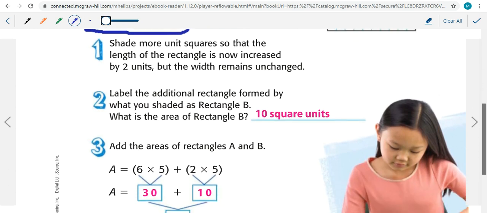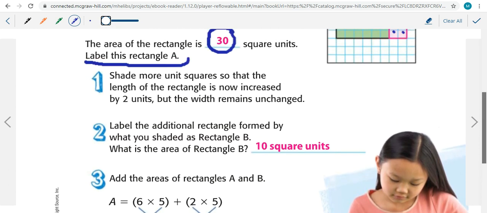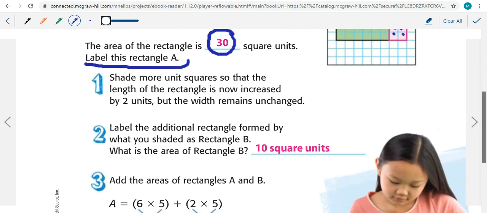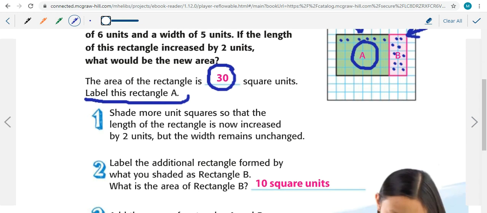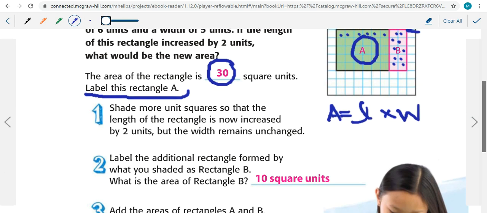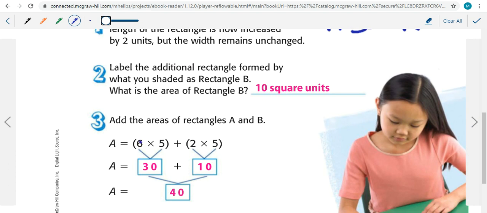Okay, so if we use the distributive property, we know that to find the area of rectangle A, we need to multiply. Remember, area is equal to length times width, right? So to find the area of this first rectangle, we are going to multiply 6 times 5.